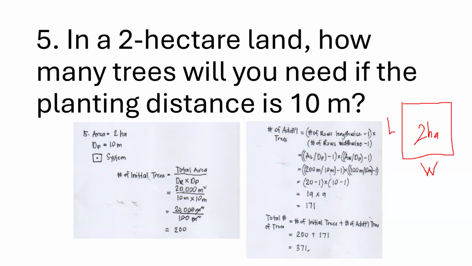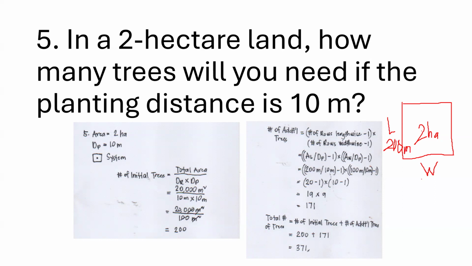So ano ba yung length and width ng ating 2 hectares? Anong measurement ang pwede natin gamitin para yung value ay magiging 2 hectares? So dito, length natin is 200 meters.